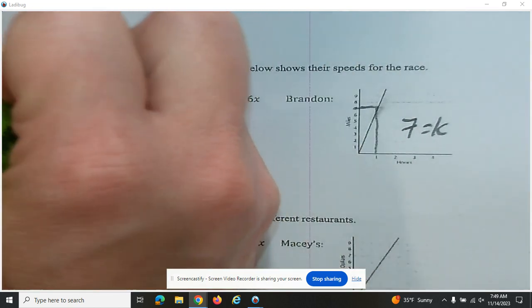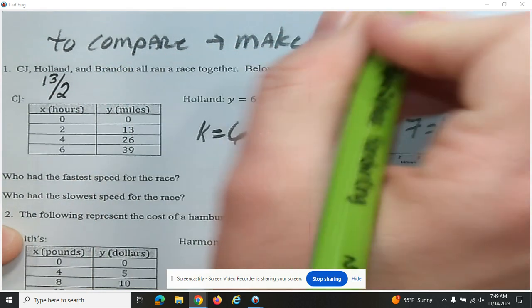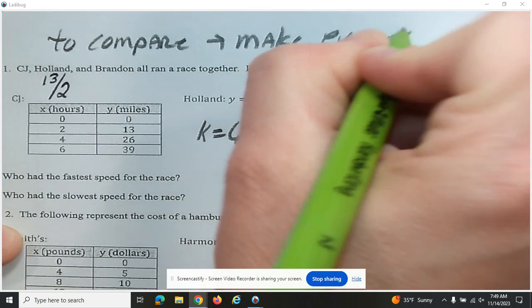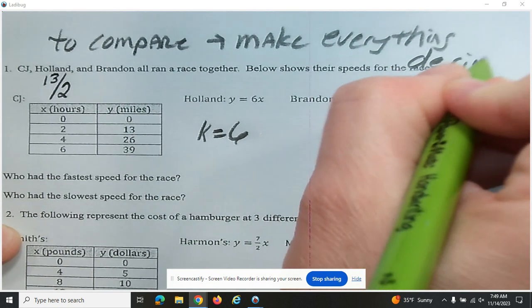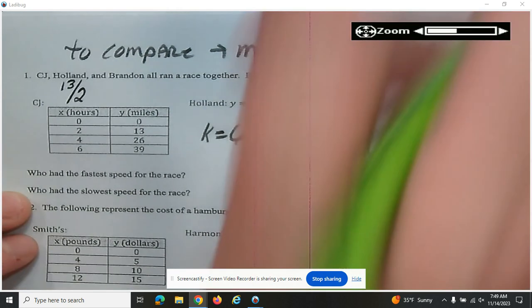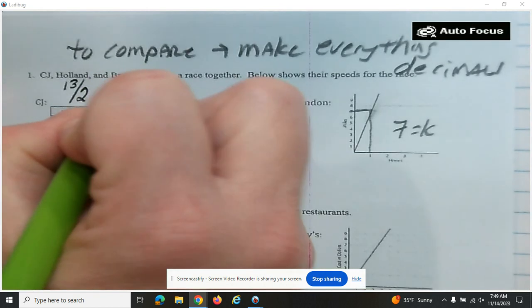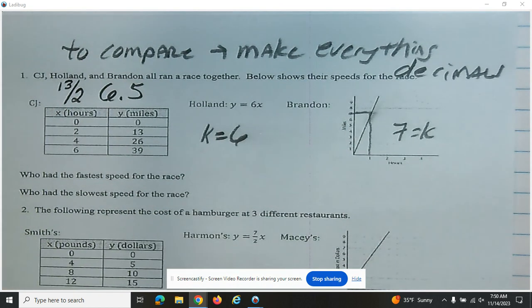To compare, make everything decimals. 13 divided by 2 is 6.5. 13 goes on the inside, 2 goes on the outside.